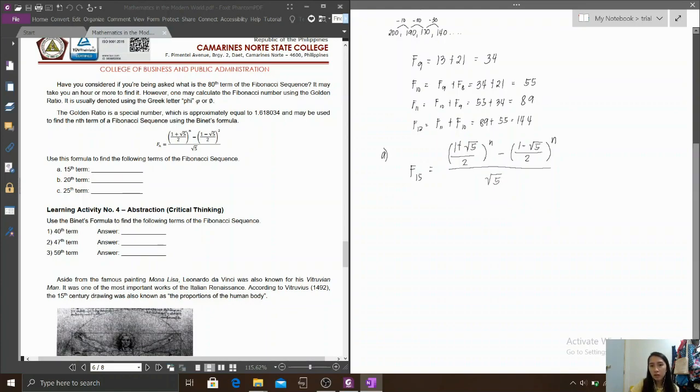So, we will substitute. So, 1 plus square root of 5 over 2 raised to 15 minus 1 minus square root of 5 over 2 raised to 15, all over square root of 5.